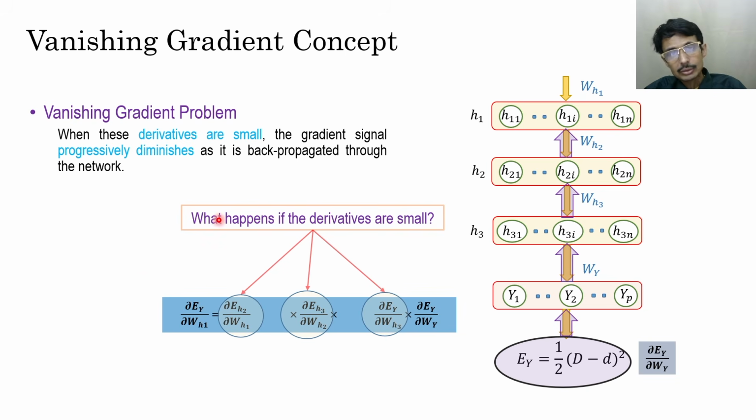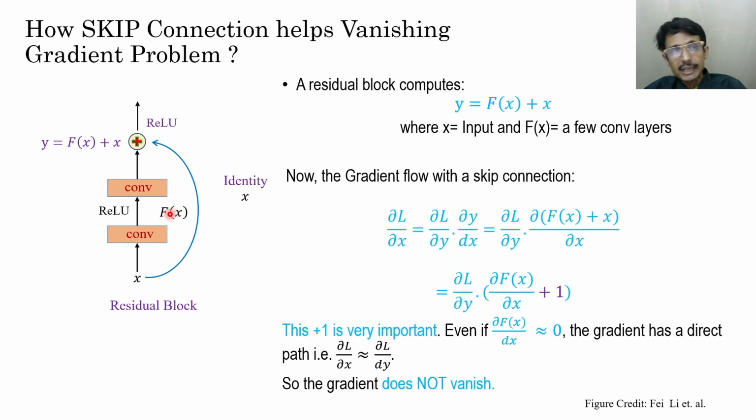Now how are we going to solve it? Here is how skip connection helps the vanishing gradient problem. A residual block computes y is equal to F(x) plus x.